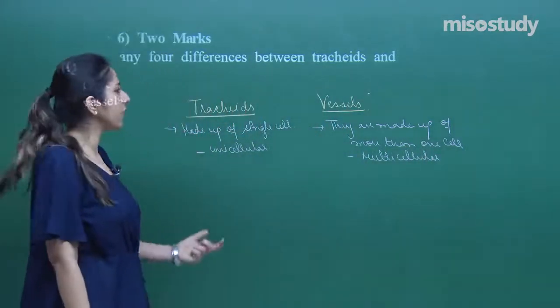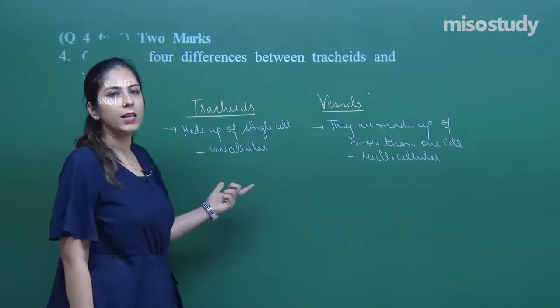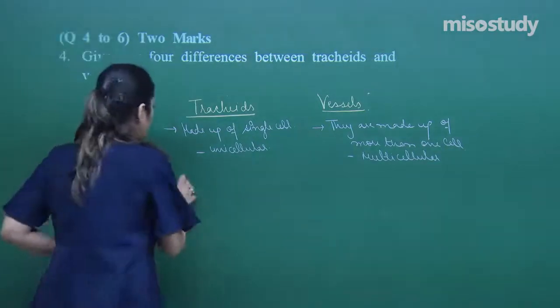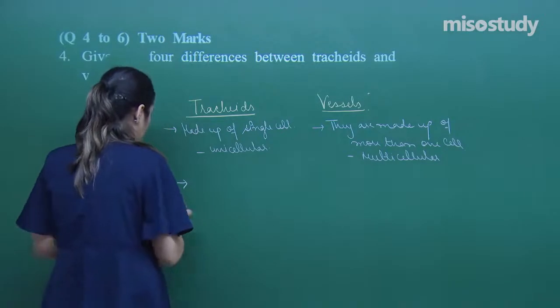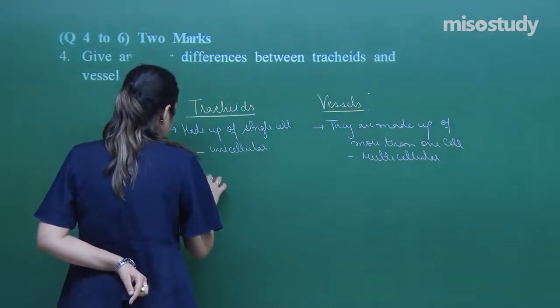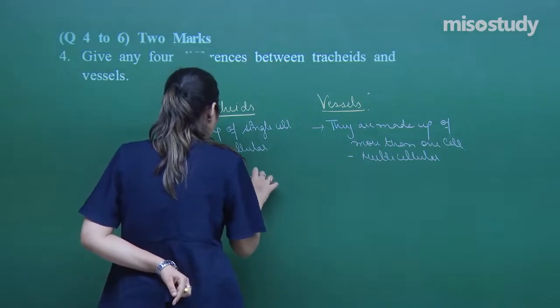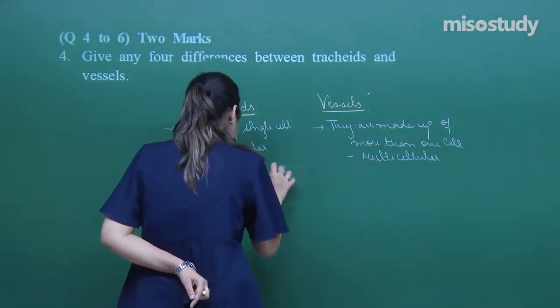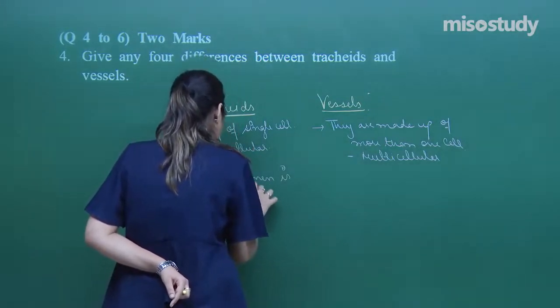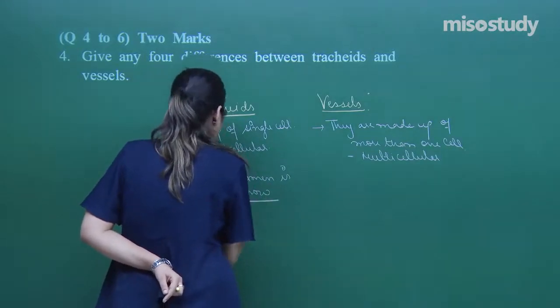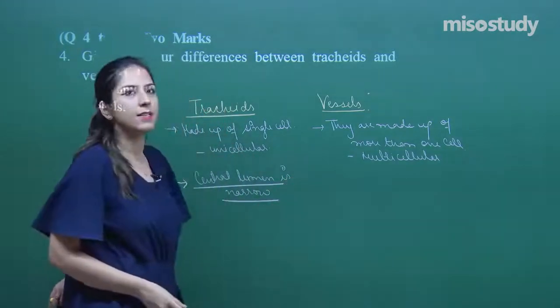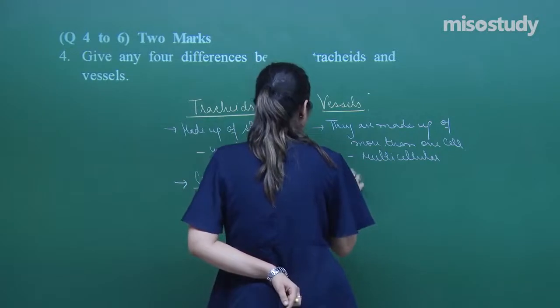Another difference is that in tracheids the central lumen is narrow, whereas in vessels the central lumen is wide.